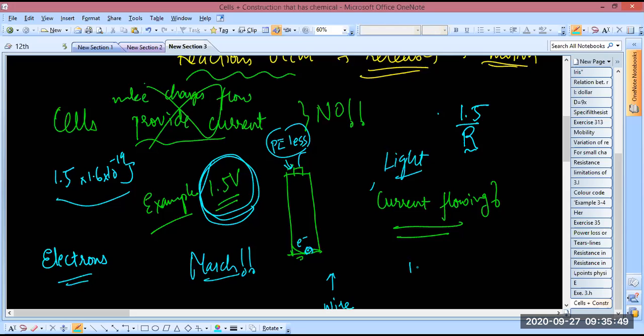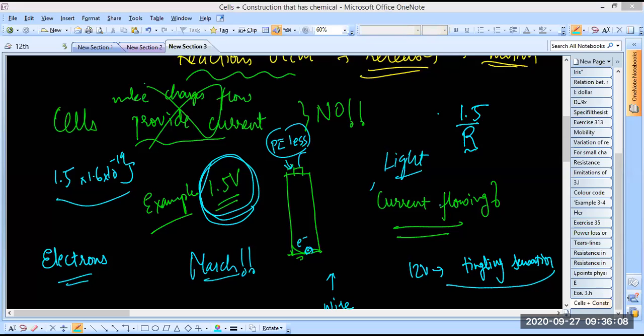At about 12 volt, you will start to feel a tingle. You'll get a tingling sensation at 12 volt. That's because at 12 volt there will be some small current flowing through your body.